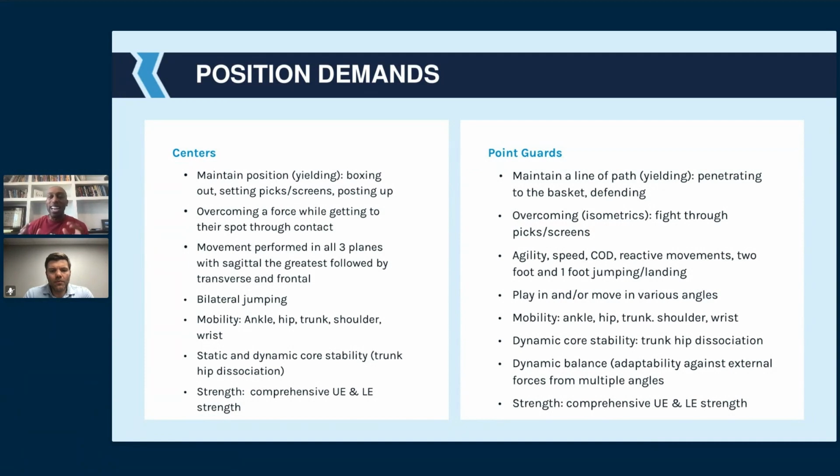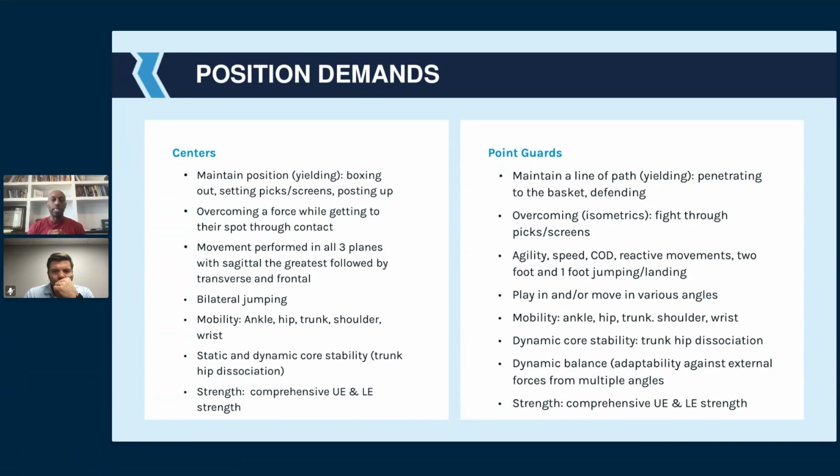That's not quite overcoming isometrics, but you can see how having the ability to maintain a position or a pathway against resistance is still important for a guard, right? And so the way you would program that may be slightly different from the centers, but still, if you notice, there's some overlap in regards to what these positions demand, but differently. It will look different in their program.